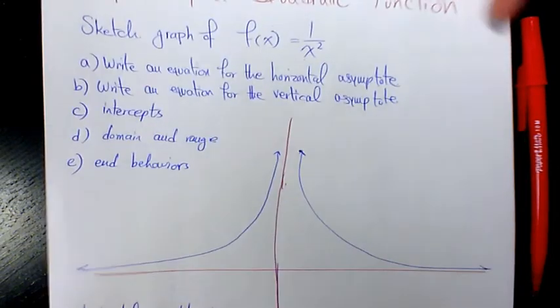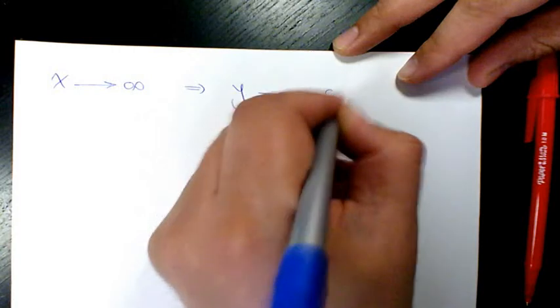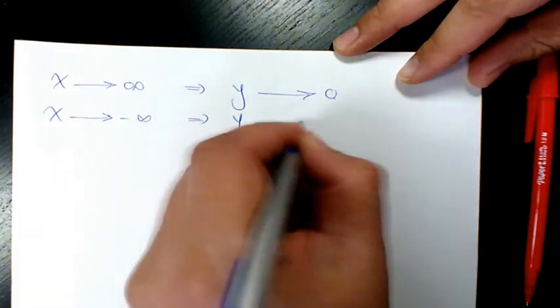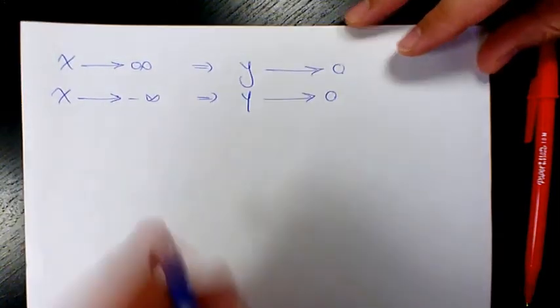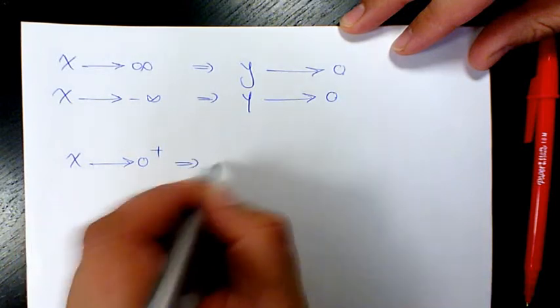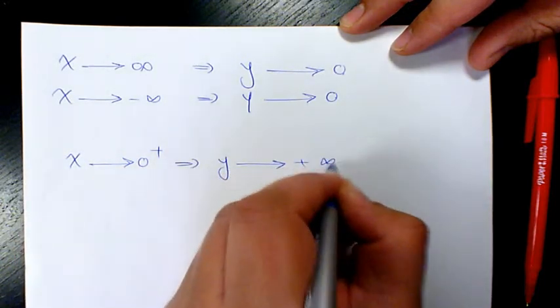What about end behaviors? As x approaches positive infinity, y approaches 0. And as x approaches negative infinity, y approaches 0. When x approaches 0 from the positive side, y approaches positive infinity.